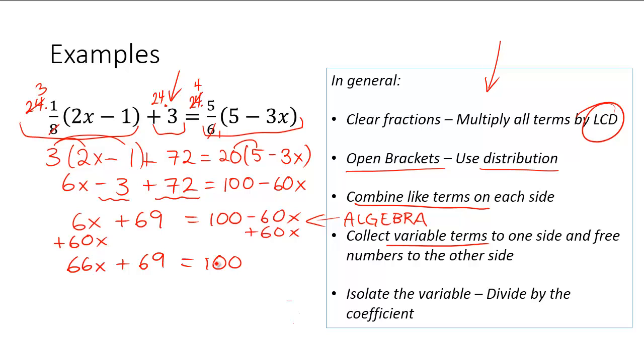And then we're going to have to do subtraction of 69 from 100, which is 31. So we've got 66x is 31. And when we divide, we've got x equals 31 over 66. Now, that's not a very nice number, but it's in simplified fraction form, and there you have it.